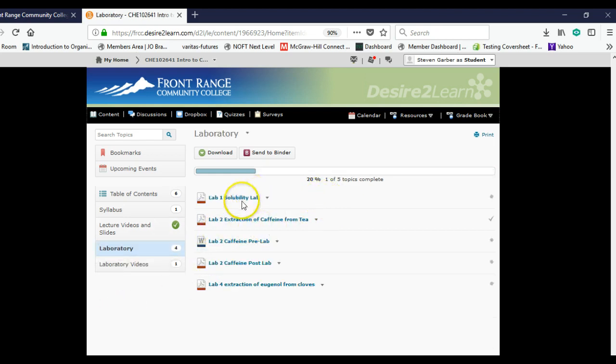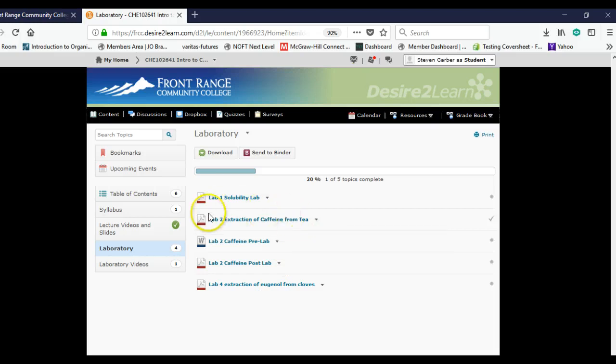Laboratory, here are the labs. Our first lab is the solubility lab. I will have a pre-lab for you posted on here pretty soon. Here is lab 2, which you can see has a pre-lab and a post-lab. Here's the extraction of eugenol. Every week I will talk about the next week's lab and what is expected of you.